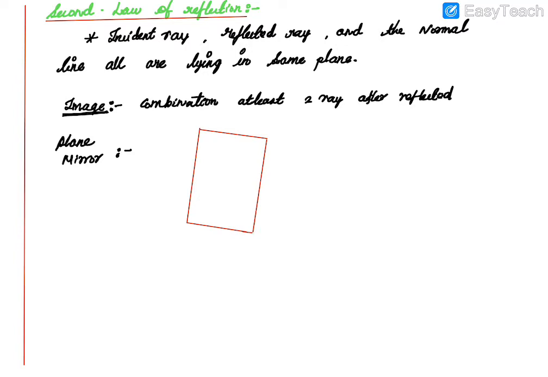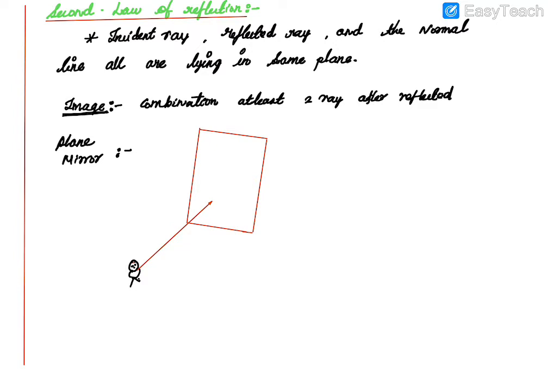If you have taken any one object, see, here I am going to draw one object. Here is one small toy. If you focus this object toward the mirror, what will happen?